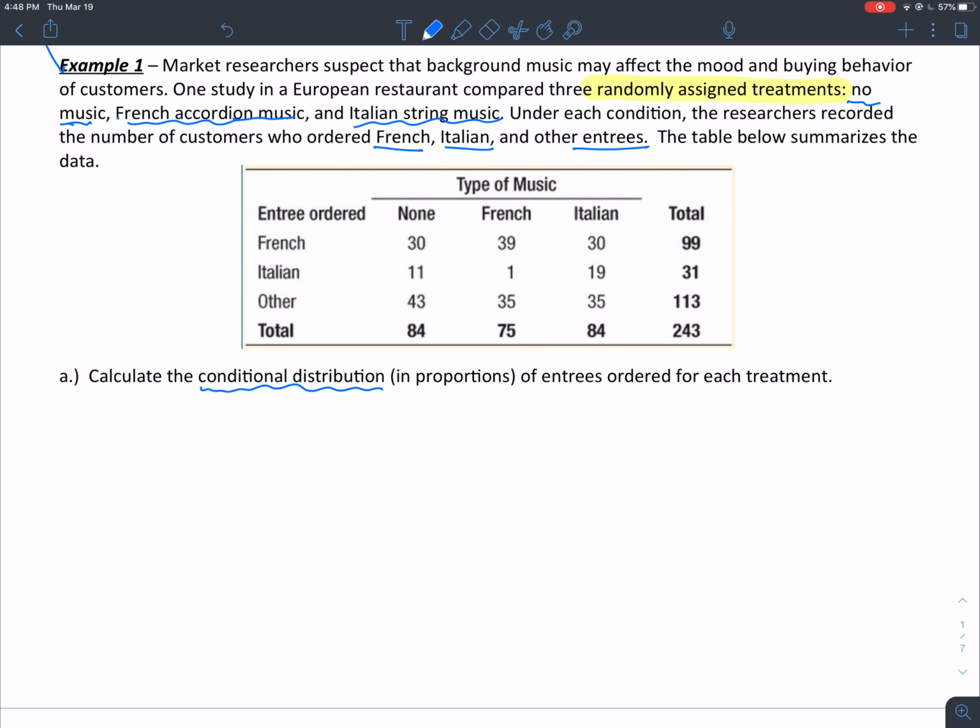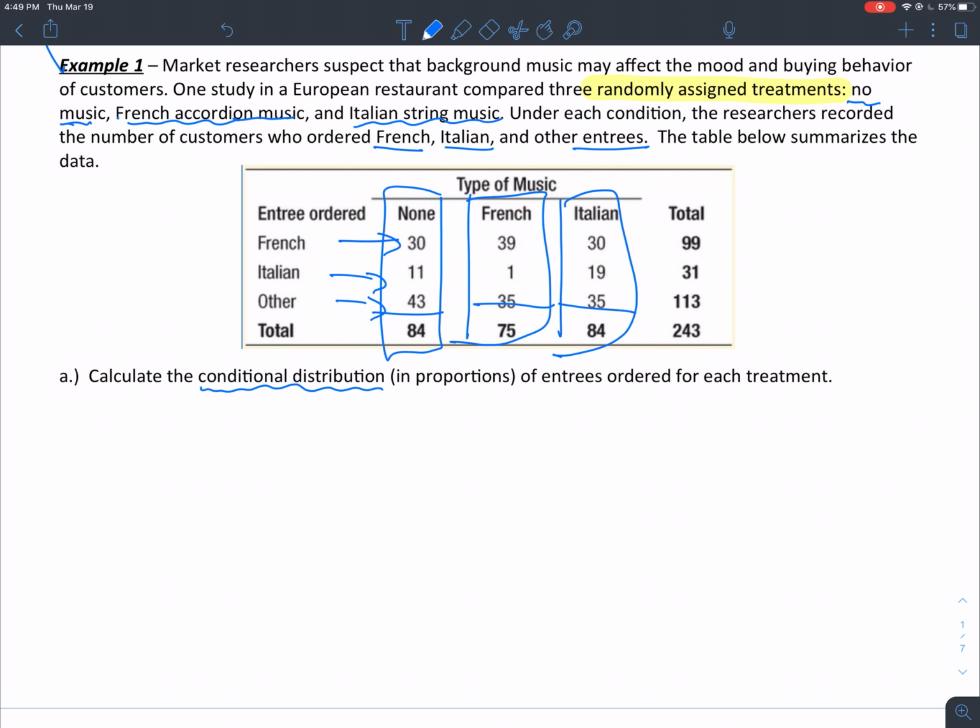So, for each treatment, here's a treatment. I want to calculate a conditional distribution by entrees ordered. Okay? So for each treatment, I want to calculate a conditional distribution. And how that works is this again. Okay? You say, okay, for the no music treatment, what proportion of the entrees were French? So there were 30 out of 84.